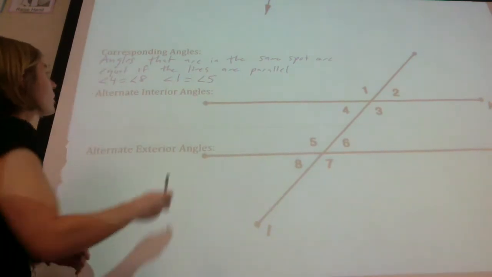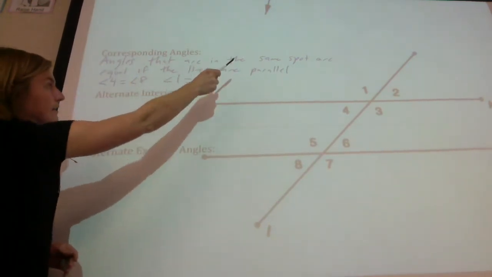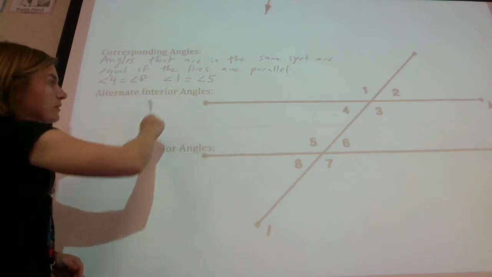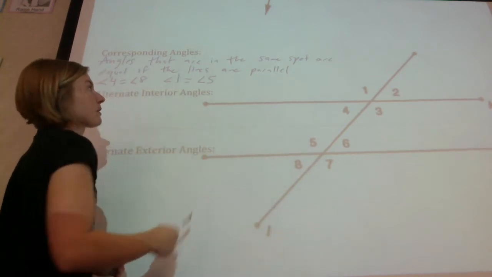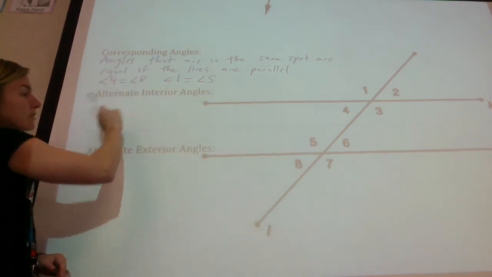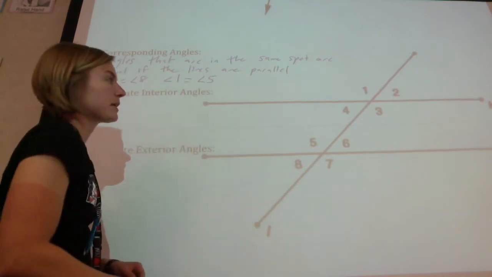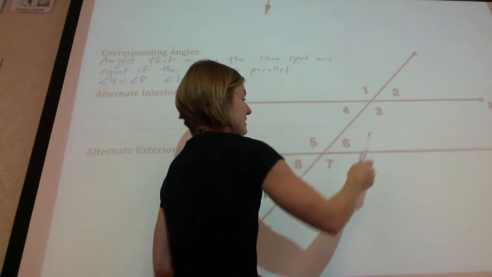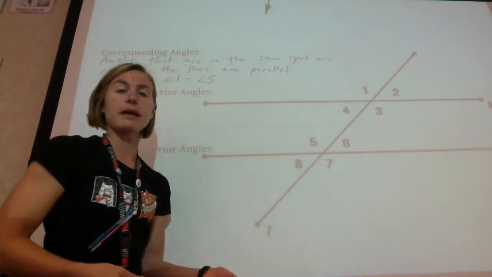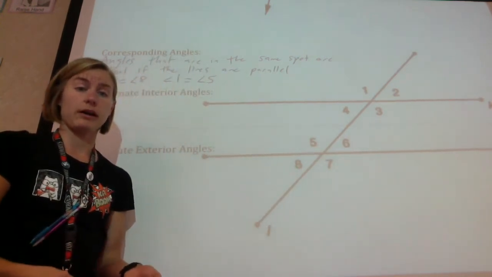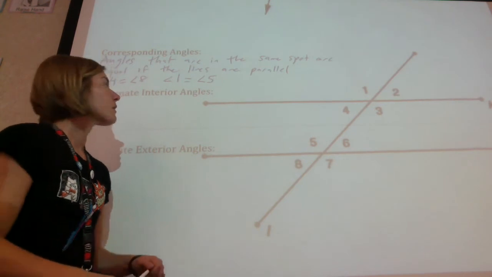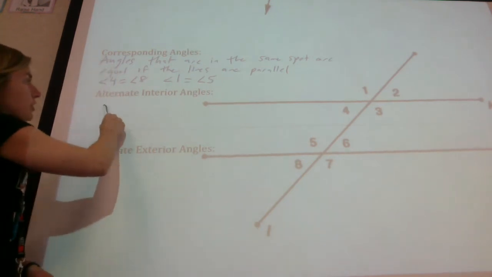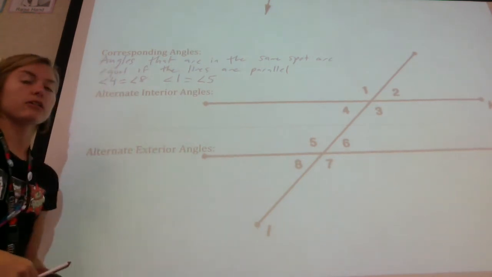Okay, so corresponding angles that are in the same spot are equal if the lines that are being cut are parallel. So like 4 and 8 are going to be equal, 1 and 5 are going to be equal, 2 and 6 are corresponding angles, so they're equal, 3 and 7 are corresponding angles, so they're going to be equal as well. Okay.